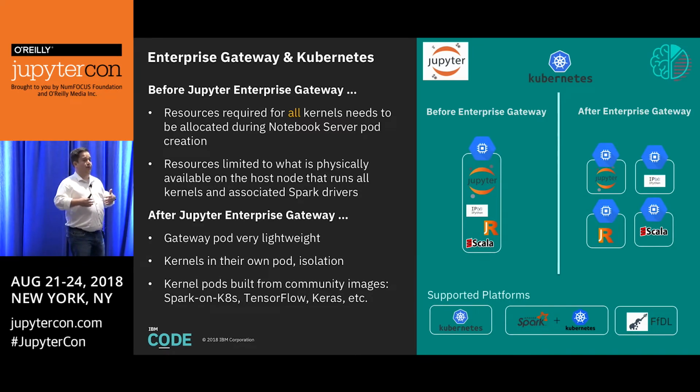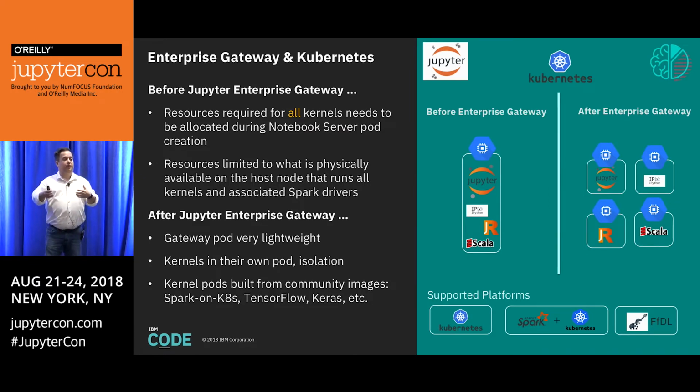Enterprise Gateway provides you the capability of remoting the kernels. And what happens in a Kubernetes environment is that those kernels then actually become different pods. So each pod has its own life cycle. It only locks the resources the moment that you need, for the time that you need.